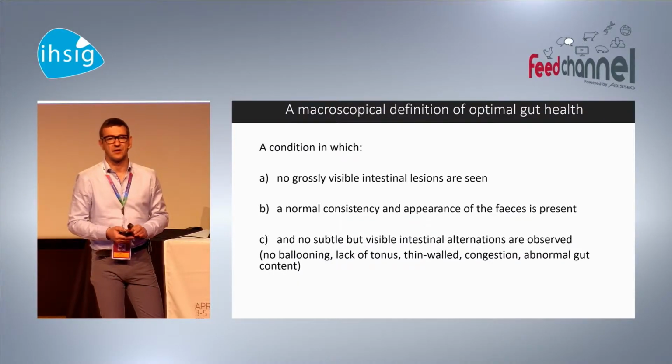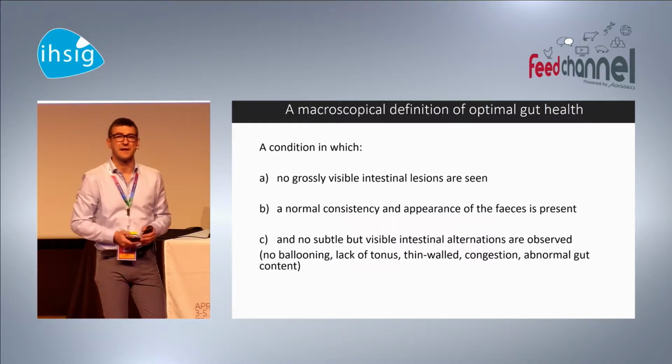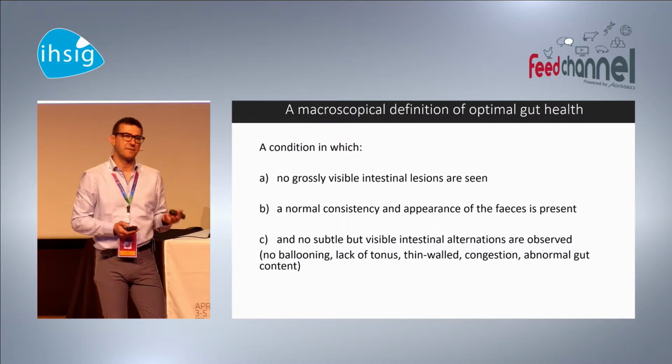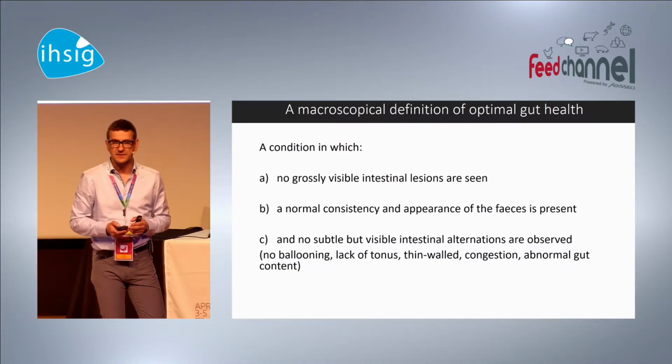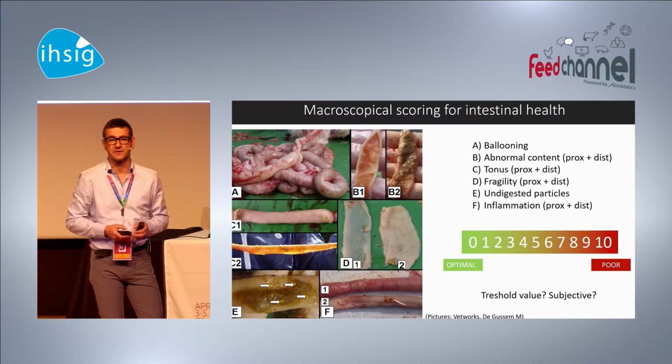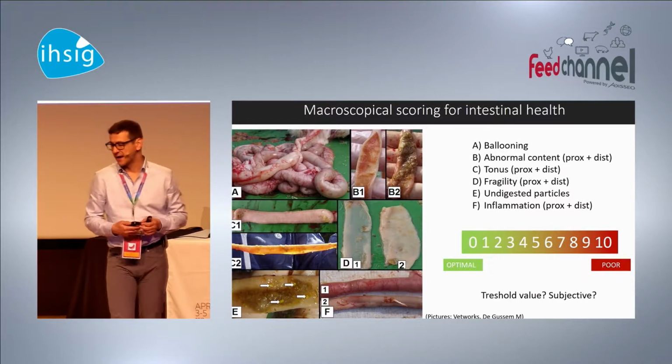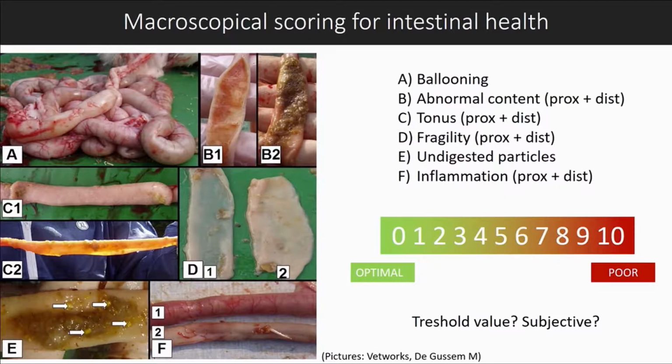And there are a lot of people that have been using or implementing gut health scoring systems, looking at the gut and just giving a value there to be used. Of course, this is not completely objective, I would say. It is a little bit subjective, depends on the person that's doing that. Here's one of them. Just looking at different entities, looking at thickness of the gut wall, at inflammation, undigested feed particles, and so on.